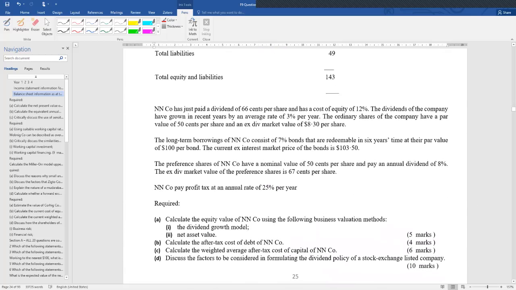Part B and C, we can do part B and C. Go through it, then we discuss together.